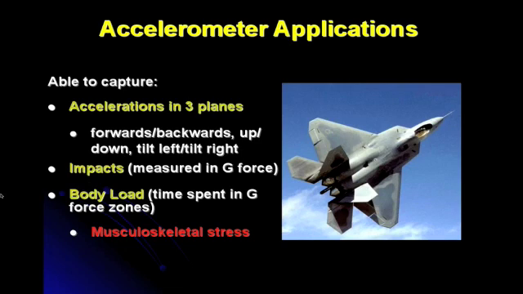Typically we say that the GPS is really measuring neuromuscular stress, so that's time spent in different speed zones. The heart rate measures the cardiovascular stress, and the accelerometer is capable of measuring the musculoskeletal stress of an athlete.